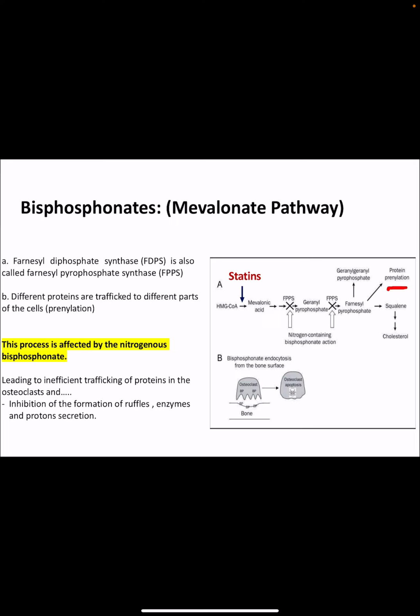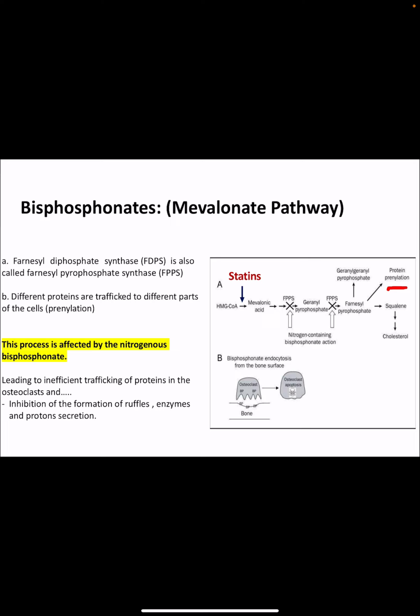Imagine we have a big ball and the nucleus is in the middle. They're producing a lot of proteins continuously. Prenylation is these sequences or proteins that bind to any protein coming out and target it to the surface, the membrane, the nucleus, the cytoplasm, or the mitochondria. And this is blocked by bisphosphonates.